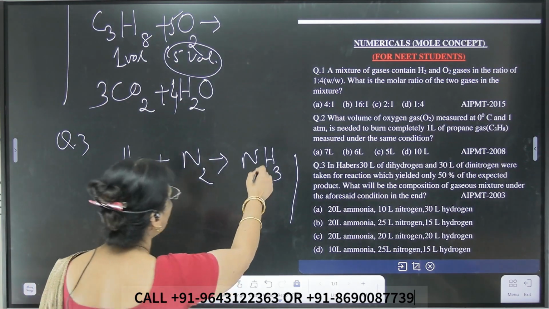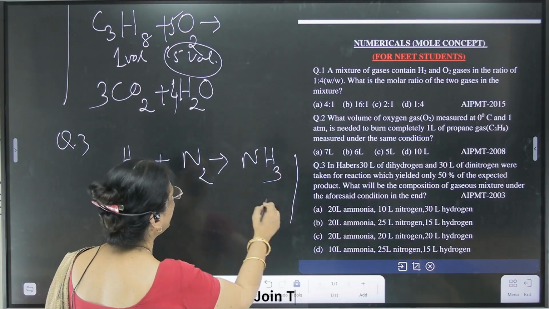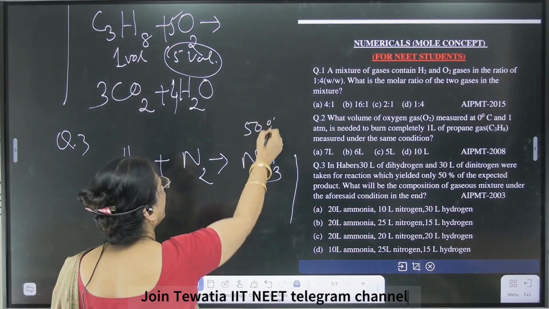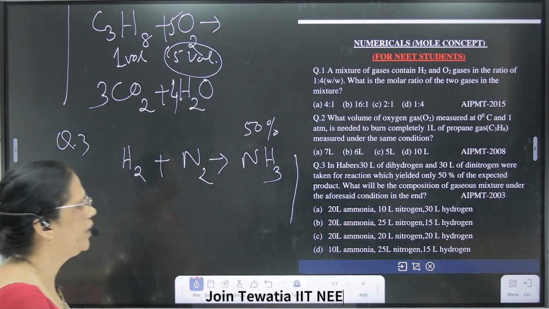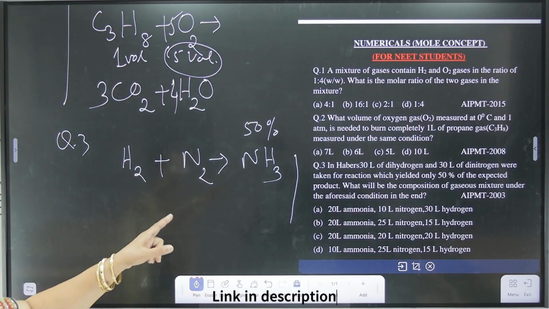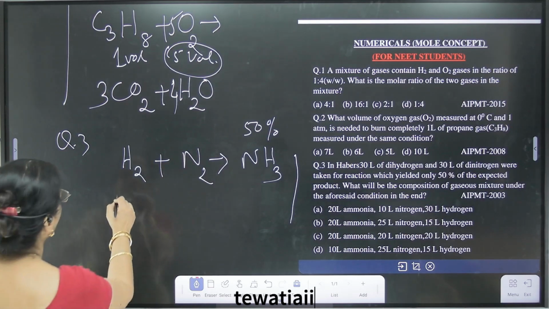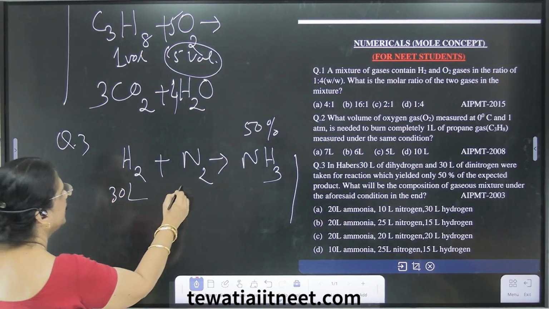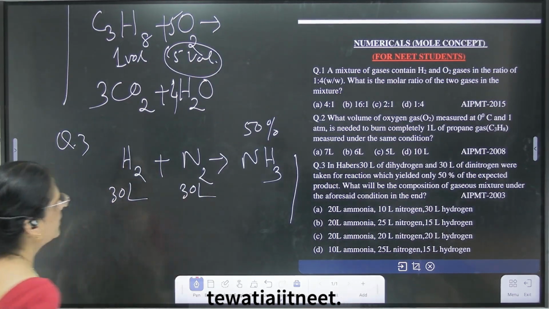In the question it has been mentioned that you are getting only 50% of the product. Now what have you taken? You have taken 30 liter of dihydrogen and 30 liter of nitrogen.